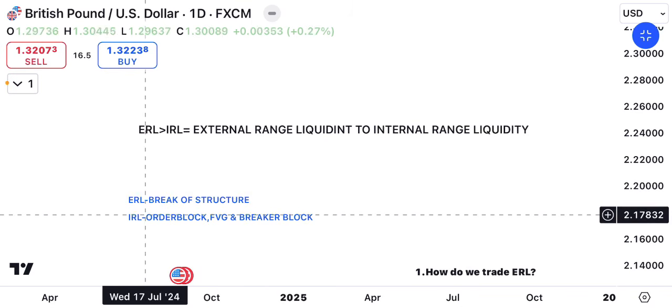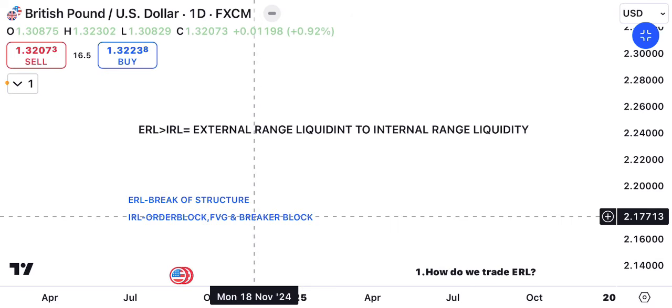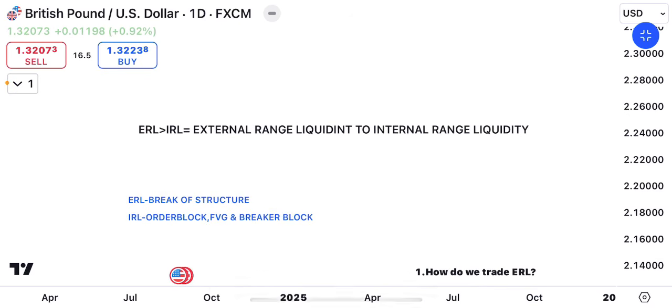And an IRL is an order block, FVG, or breaker. It's not really an order block or FVG or breaker block, but I am simplifying things for you guys to understand very well. So we're going to identify our order blocks, FVGs, and breaker blocks as our internal range liquidities.